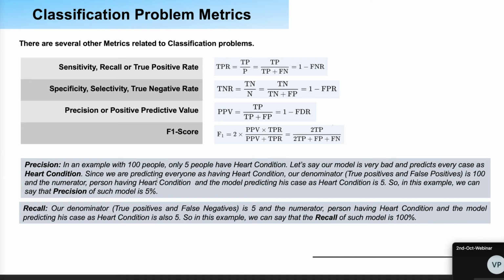Because all of your 95 cases where people did not have the heart condition are also predicted as heart condition. So all your 0 labels are predicted as 1. You have 5 true positives in this case and 95 false positives. Because you have 95 false positives, your precision comes down to 5%.